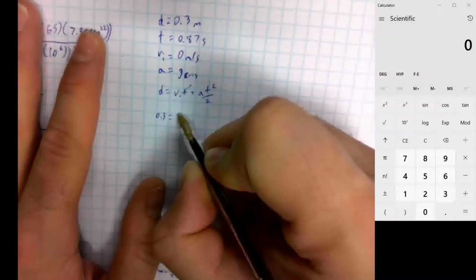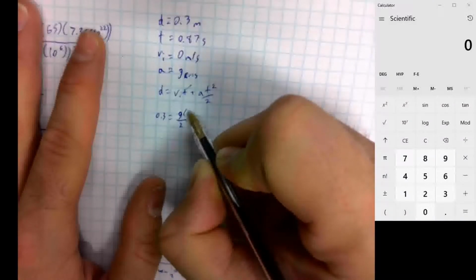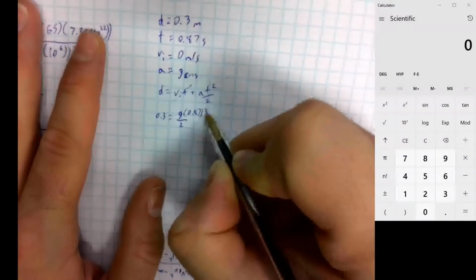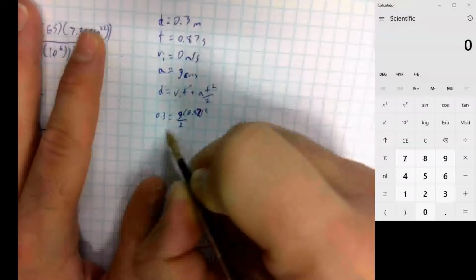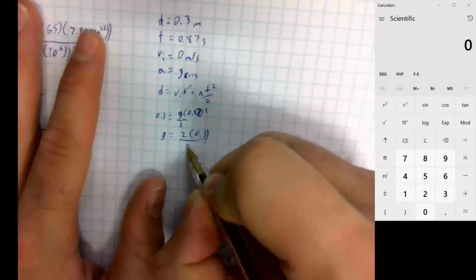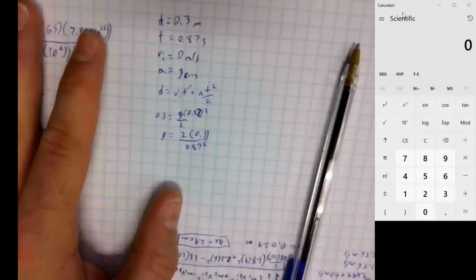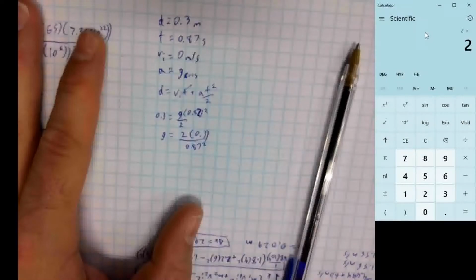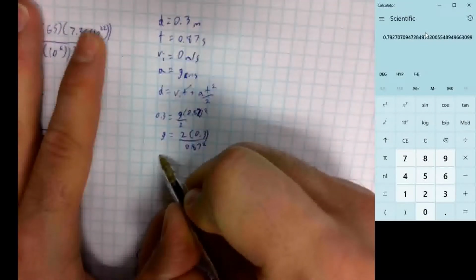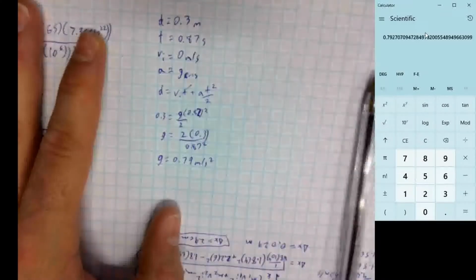A, I'm going to rewrite as G over 2. T is 0.87 squared. Sorry, I should actually rearrange this: 2 times 0.3 divided by 0.87 squared, so that we're only doing this once in our calculator. I get 0.79 meters per second squared.